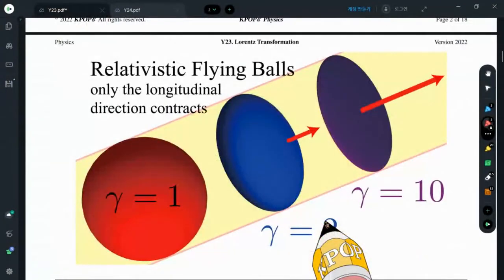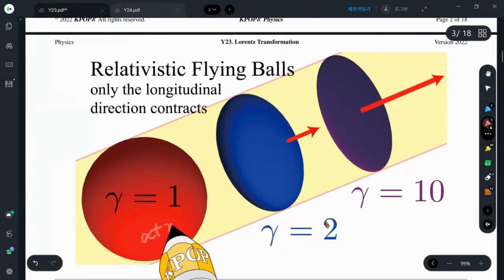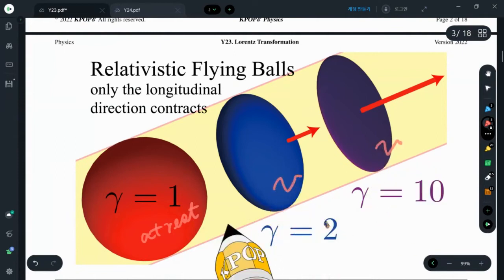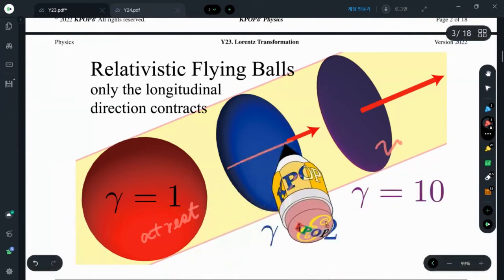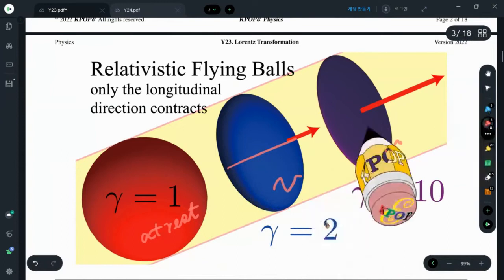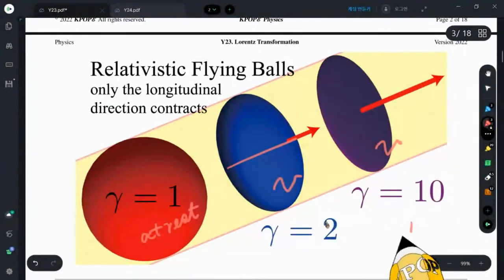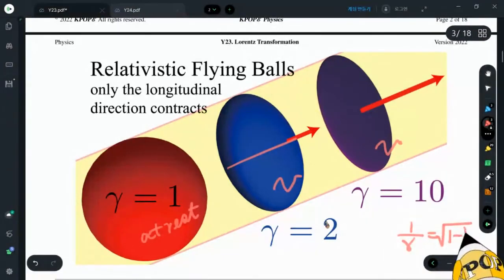So a relativistic flying ball, if it is at rest and then its velocity increases, the diameter along the longitudinal direction shrinks by a factor of 1 over gamma, that is square root of 1 minus v squared over c squared.